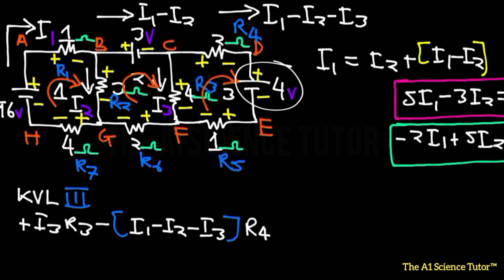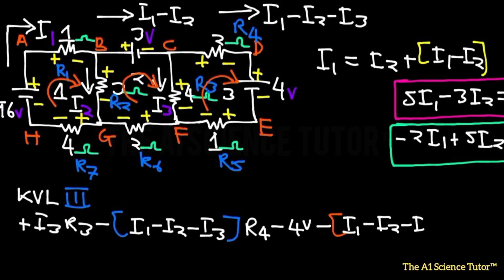The next one is a typical battery, which ends on a negative note, so that's a -4. The last one is 1 ohm, which has the same current going through it. So that will be minus I1 minus I2 minus I3, multiplied by R5. This is equal to 0.